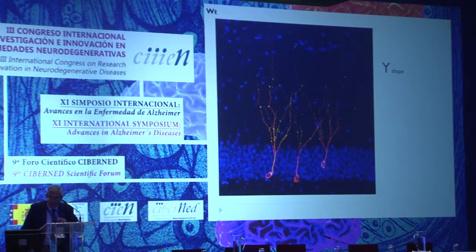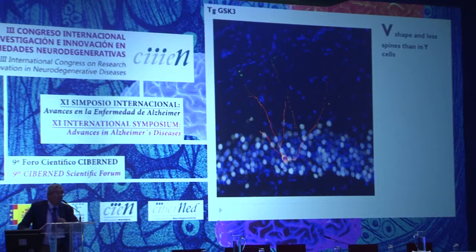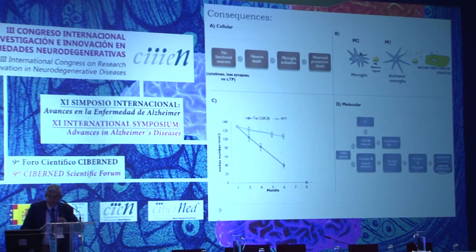Then we can compare the appearance of these neurons from the wild type, which has a Y shape, with those of the conditional transgenic mouse, which has a V shape. To make a long story short, I will tell you the consequence. The V cells in the transgenic mouse are not functional neurons. These neurons die in a short time, and after the death, microglia is activated.